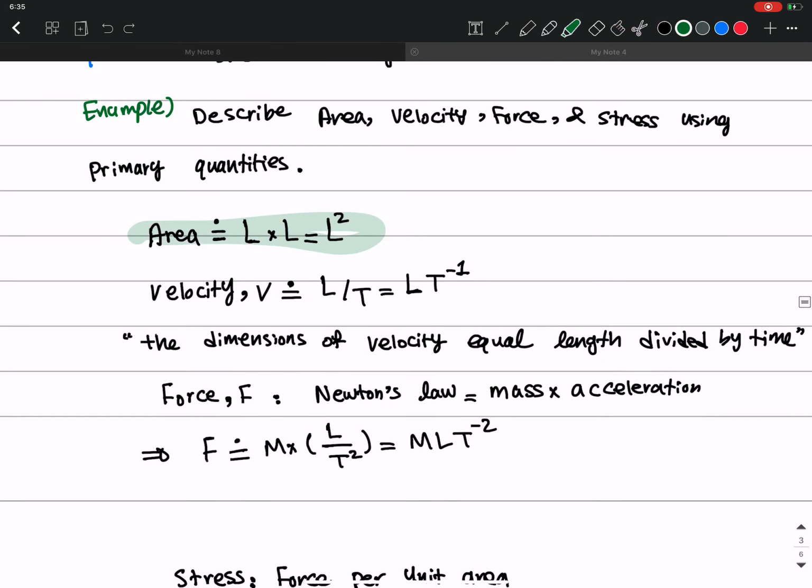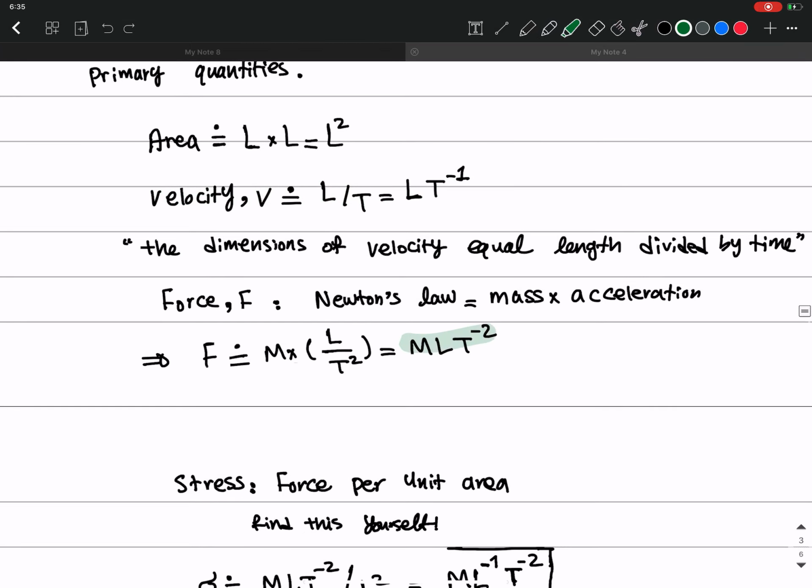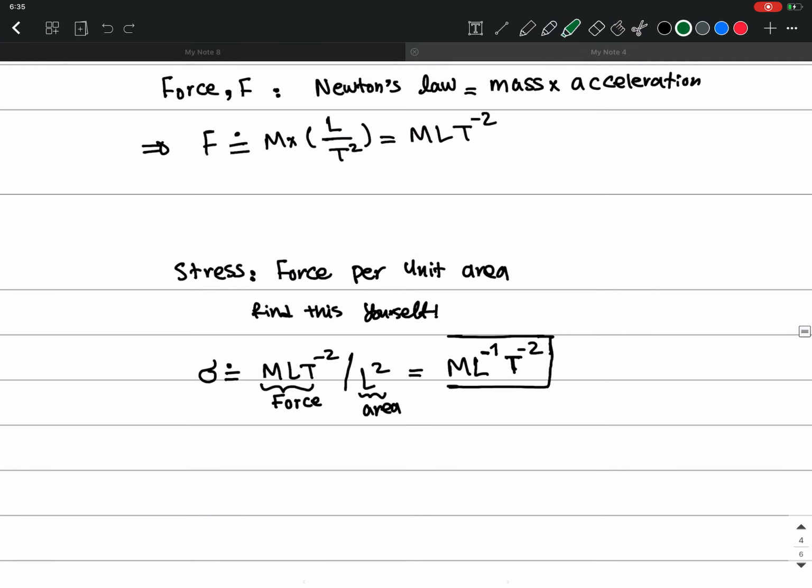Like area was shown as L squared, velocity is L T minus 1, force is M L T minus 2, and stress is force per unit area, so it's going to be M L minus 1 T minus 2. Okay. Thank you very much, everyone.